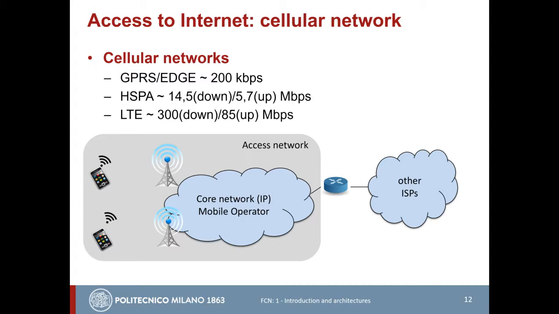On the other side, we have wireless access, and there are two main technologies that you can use to access internet without wired connections. The first is to exploit the cellular network. Okay. So these technologies, GPRS, that is the old one, HSPA intermediate, LTE is the current technology.